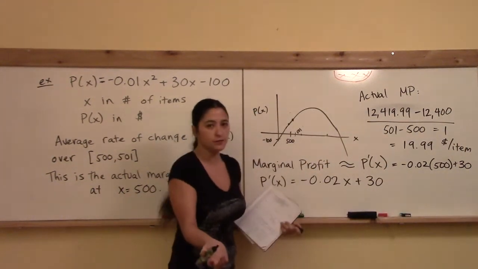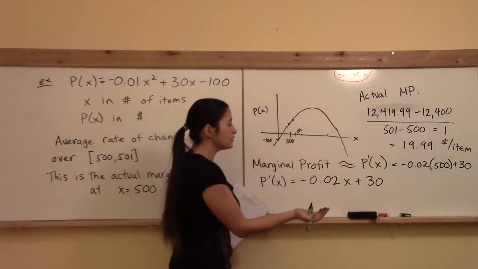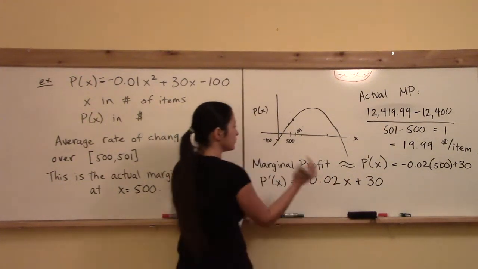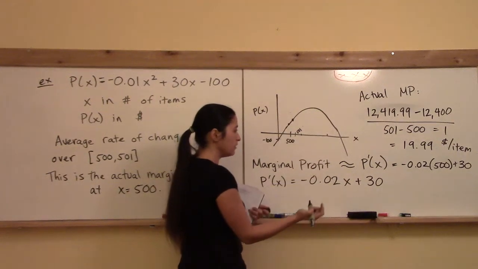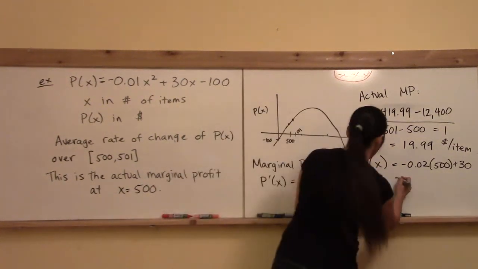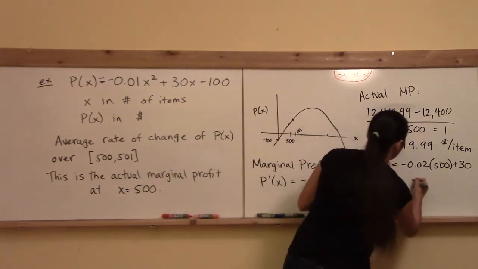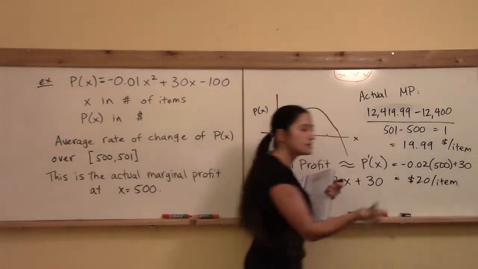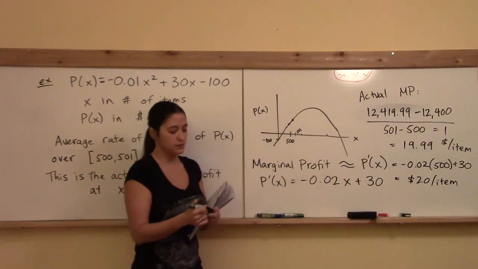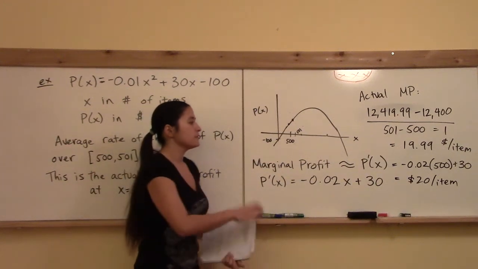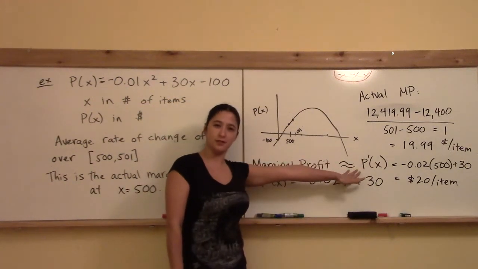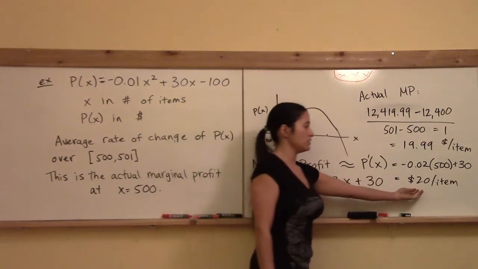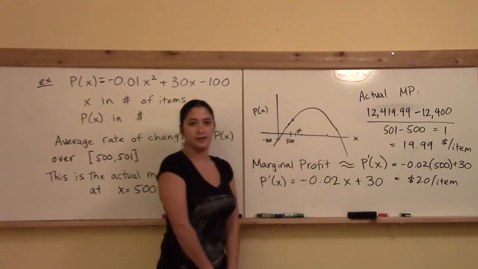Okay, so instead of doing all that, you could have just taken the number 500, which is the current production level, plugged it in right there, and you should have got $20 per item. And look how close that is to the $19.99, which is the actual marginal profit. The derivative serves as a very good approximation, with $20 only being off by 1 cent.